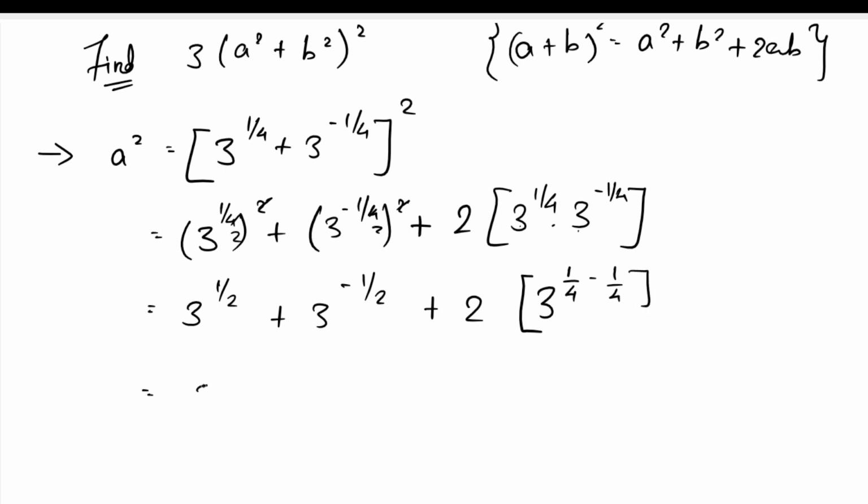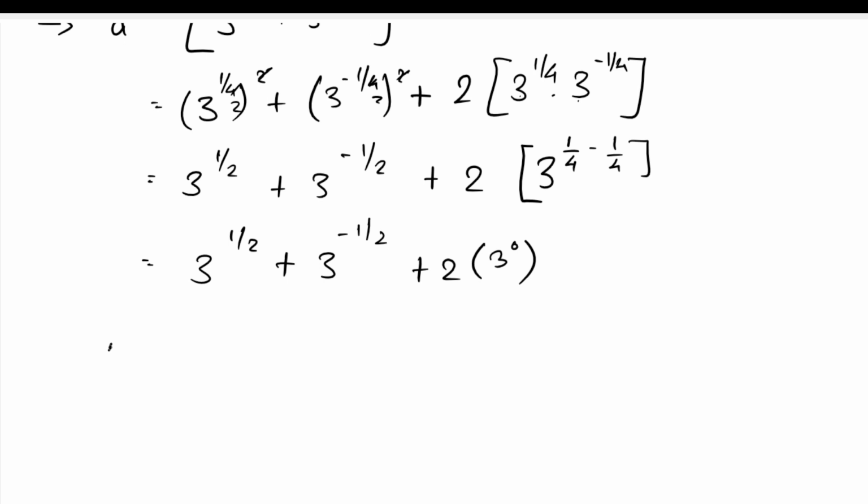Here 3 to the power 1 by 4 and minus 1 by 4 will become 3 to the power 0. Therefore, a square is equal to 3 to the power 1 by 2 plus 3 to the power minus 1 by 2 plus 2 into, anything to the power 0 is 1. So 2 into 1, which is 2. So therefore, this is a square.